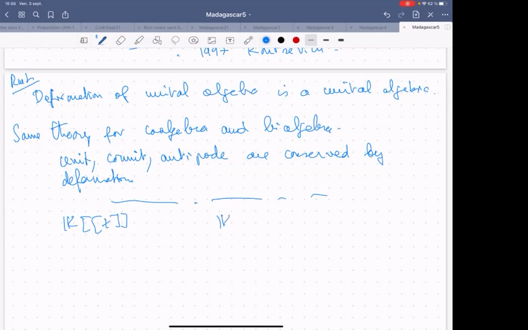Of course, we can think about considering more than one parameter. This is of course possible, but the problem here is that this ring is not local. This is a local ring, but not the second one.